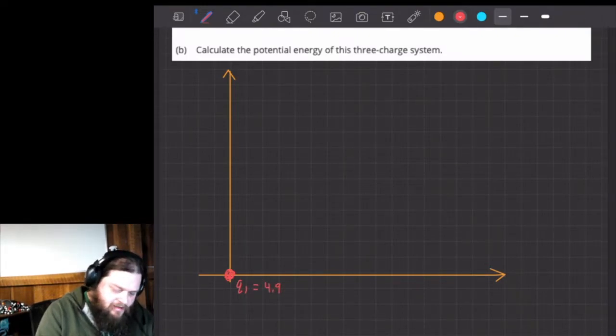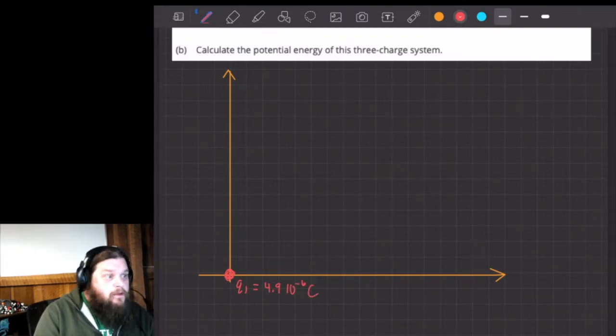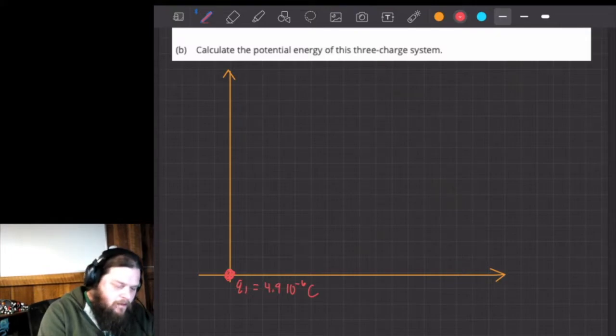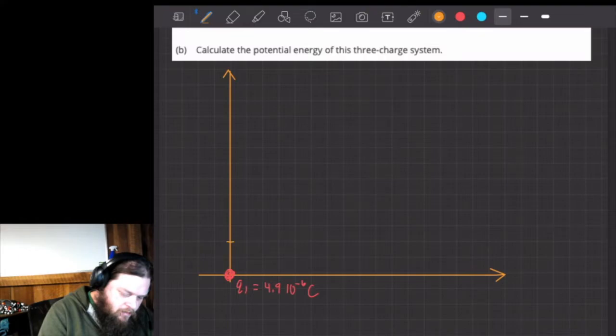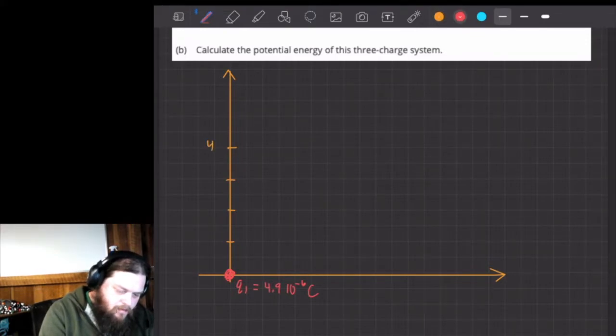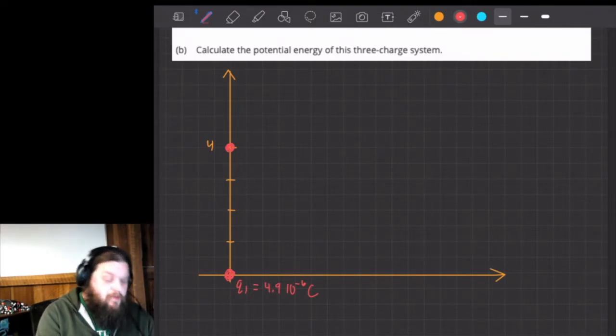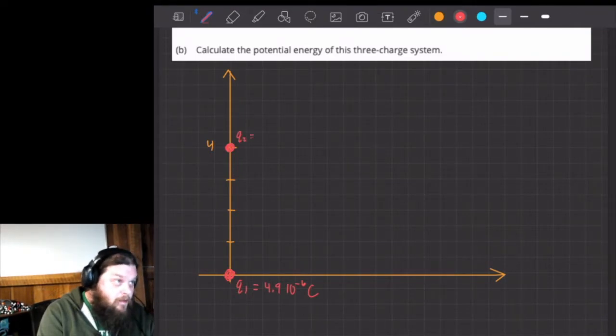So I'm going to write it as 4.9 times 10 to the negative 6 coulombs. Somewhere, I'm going to go about 4: 1, 2, 3, 4. About right there is going to be our Q2, which is equal to negative 8.6 times 10 to the negative 6 coulombs.